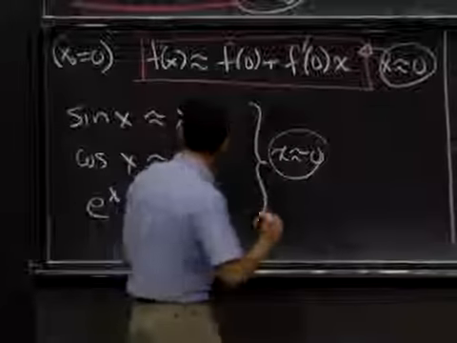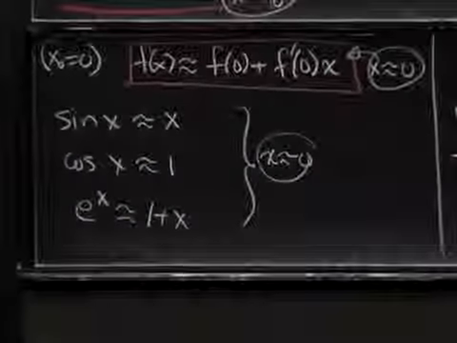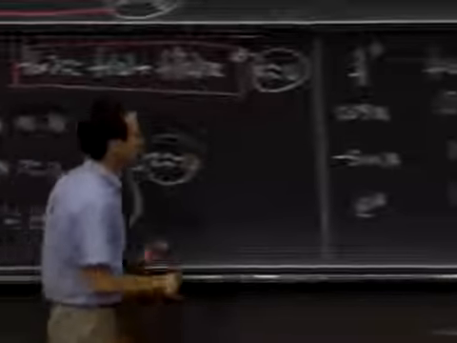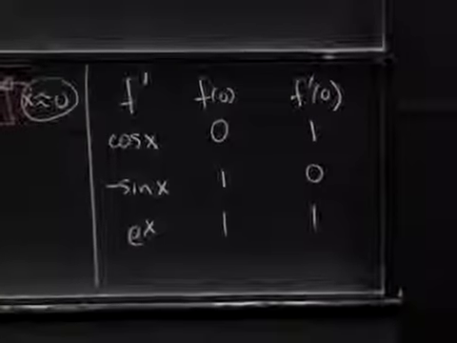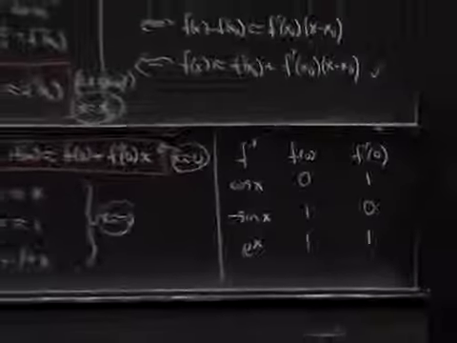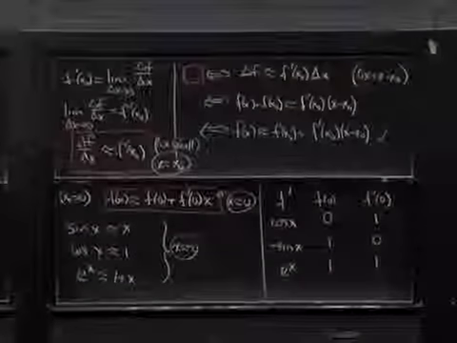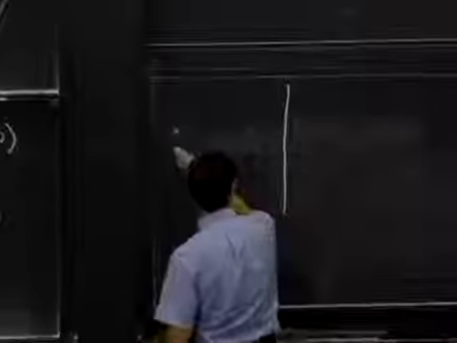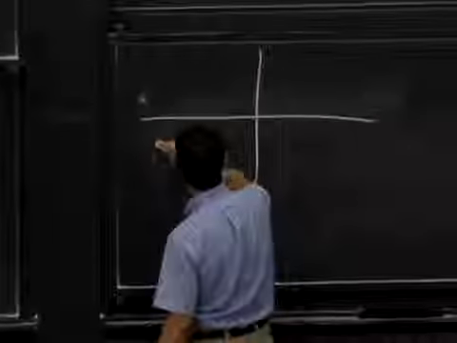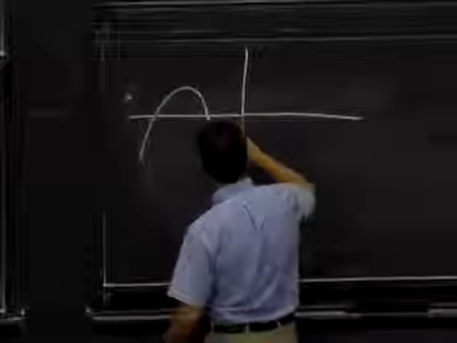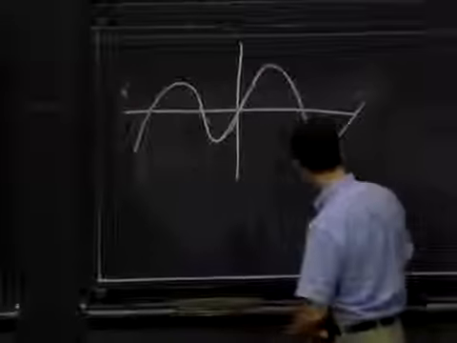So let me just emphasize again the geometric point of view by drawing pictures of these results. First of all, for the sine function, here's the sine. Well, close enough.